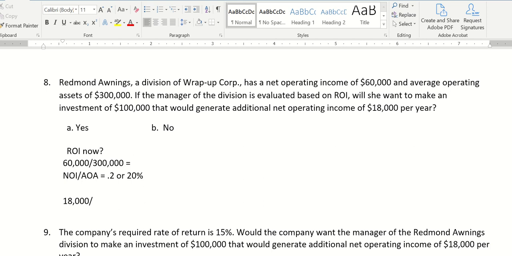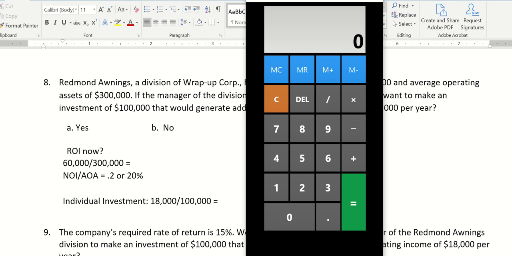If we want to invest 100,000, we're going to make 18,000 net operating income. So just this individual investment. What kind of return is this individual investment going to make me?